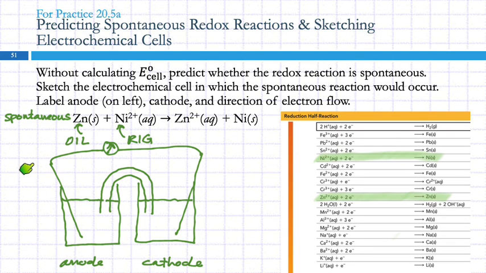A is a vowel and O is a vowel. Oxidation happens over there. So this is our zinc metal, and this has zinc ions in the solution. Reduction occurs at the cathode, and so this is where we've got the nickel ions and the nickel electrode.